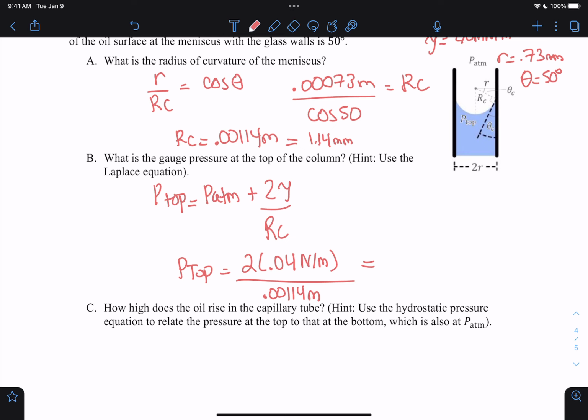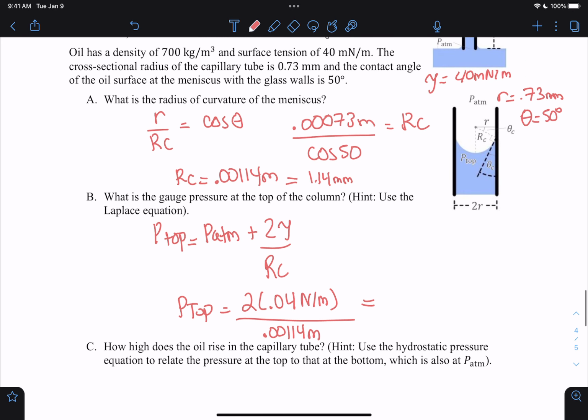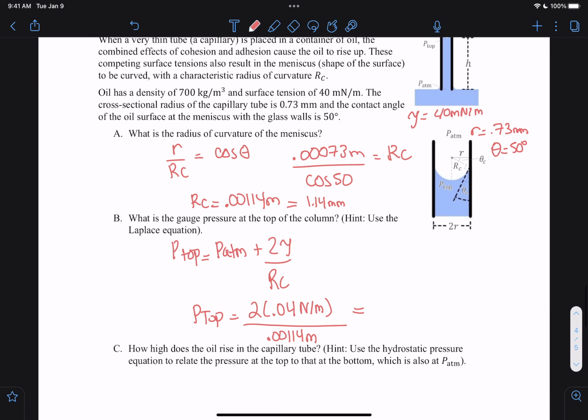Yeah, 70.17 is exactly what I got, Carlos. So I'm hoping that's right. Yeah, 40 millinewtons is 0.04 newtons per meter. I just wanted to make sure that I got that conversion right, and then just divided by radius of curvature, which would be 0.00114 meters.